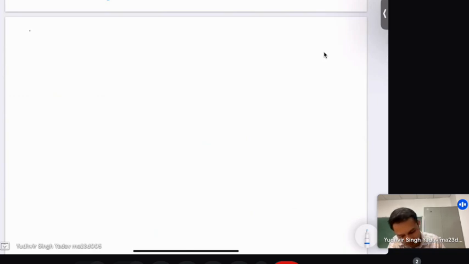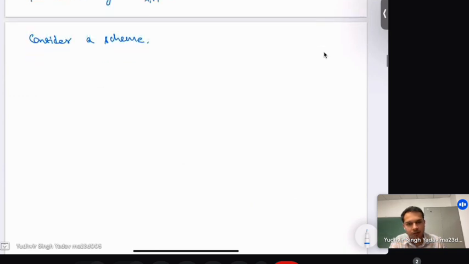Simply, if we use an explicit scheme for two dimensions, it will be forward difference for time and central difference for both the space dimensions.